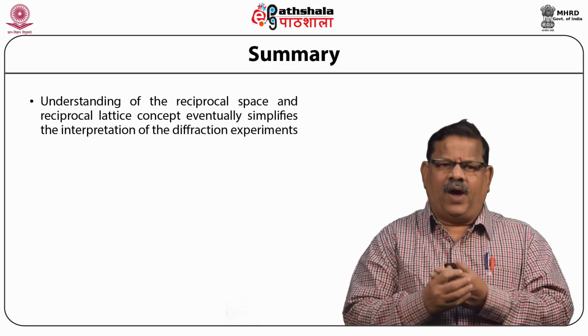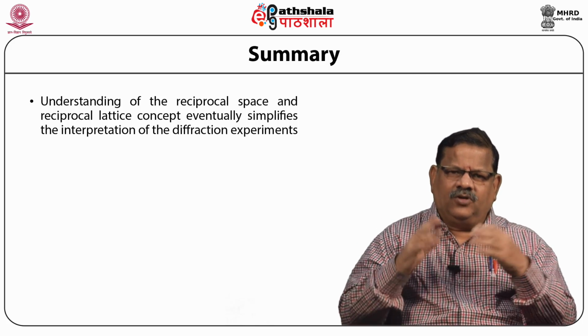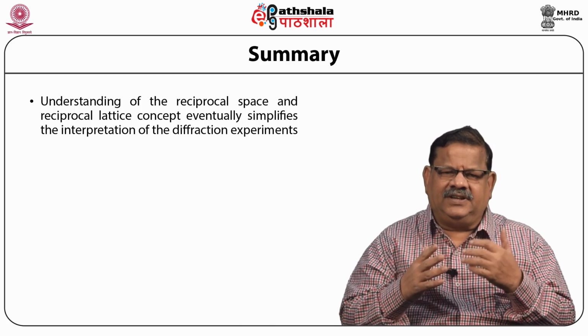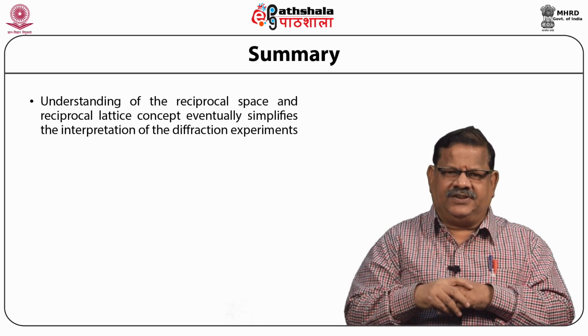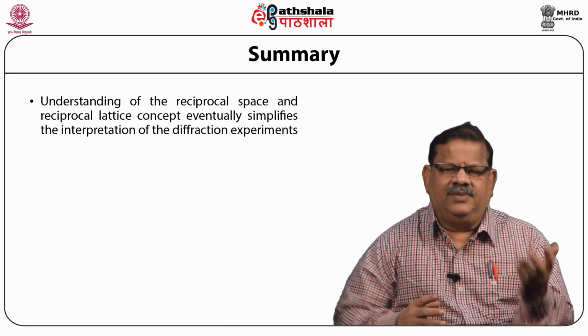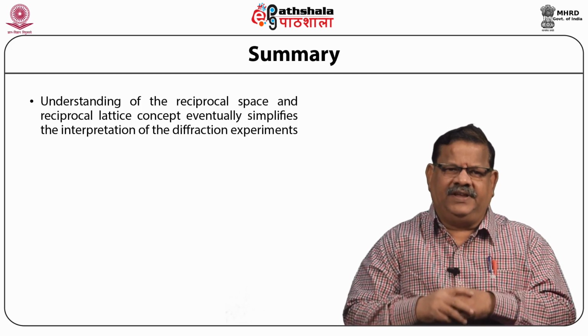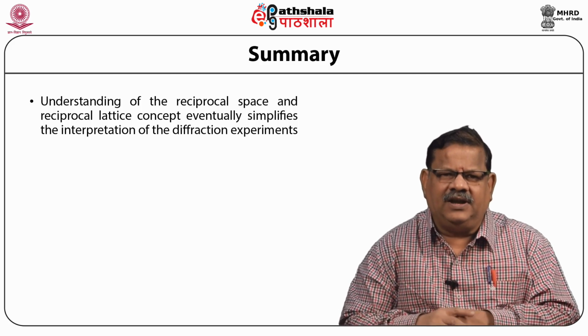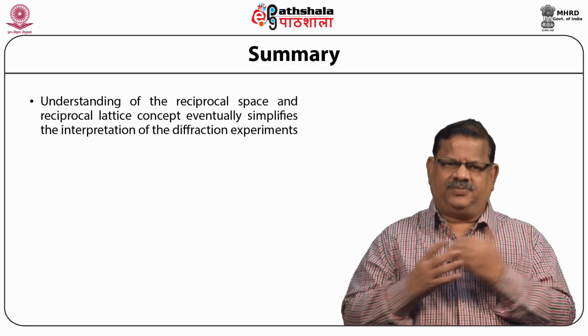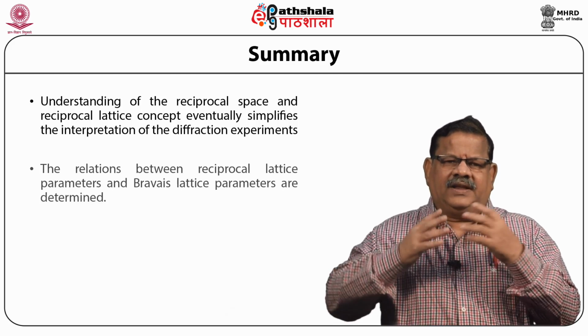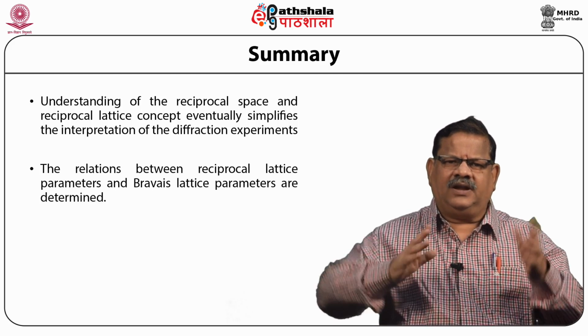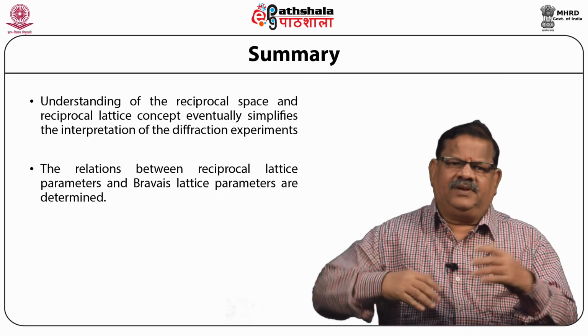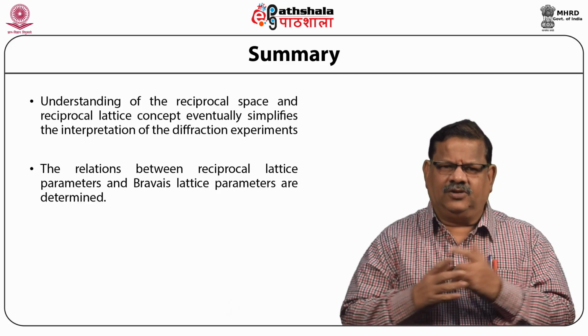And also you must know why it is called reciprocal lattice. If you look at the formula, the distance will be the reciprocal of the original distance, 1 by d. So d will be in angstroms, 1 by d is the reciprocal of d. That is why it is known as reciprocal lattice, defined in reciprocal space. Now, the relations between reciprocal lattice parameters and the Bravais lattice parameters are also determined.